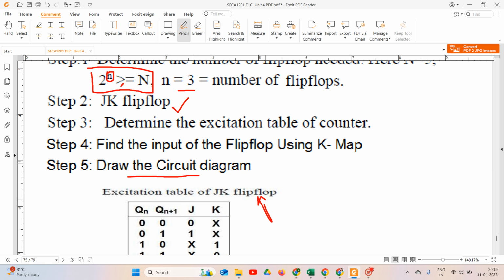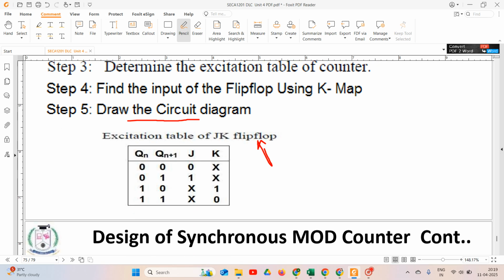Then by using this table we have to find the characteristic equation using K-map, and by using that equation we need to design the logic circuit. We will see one by one.